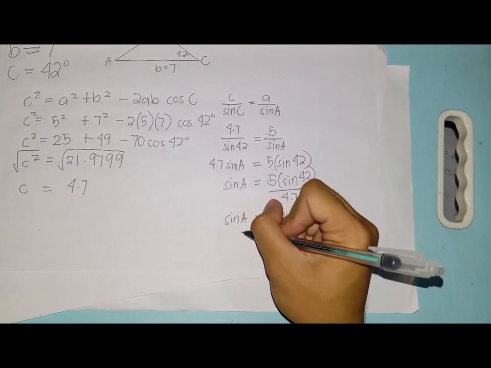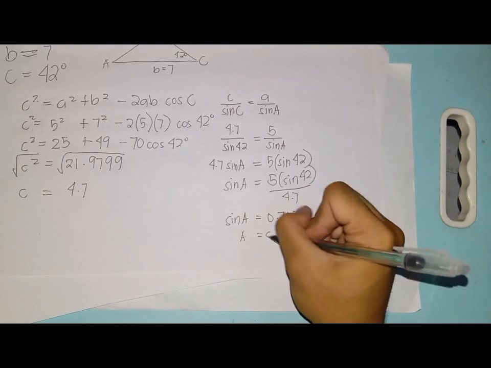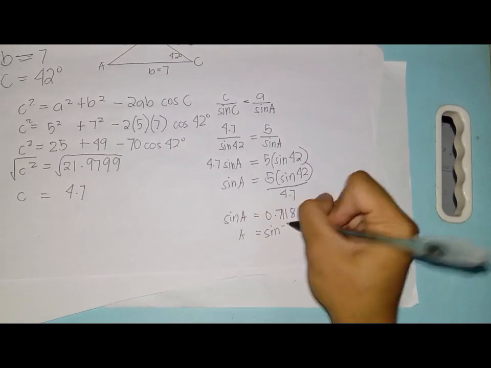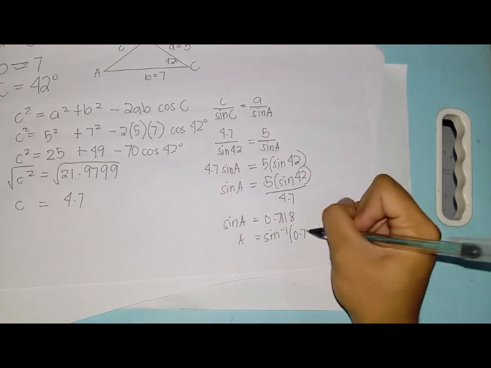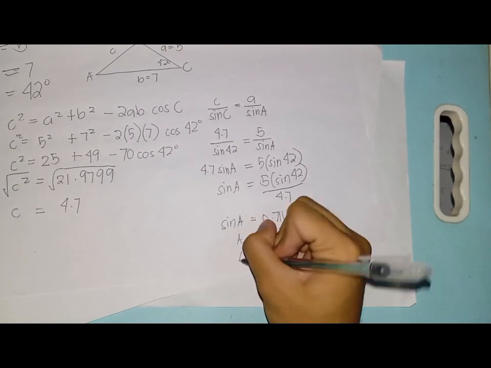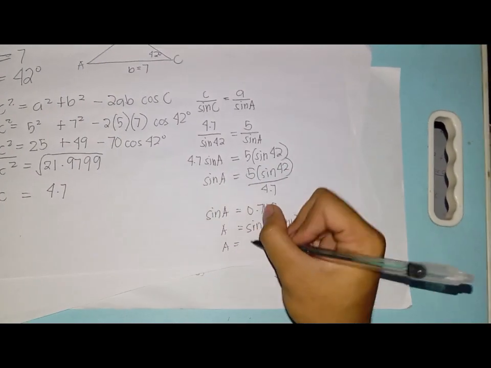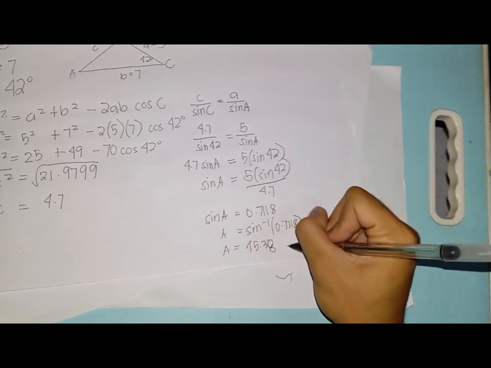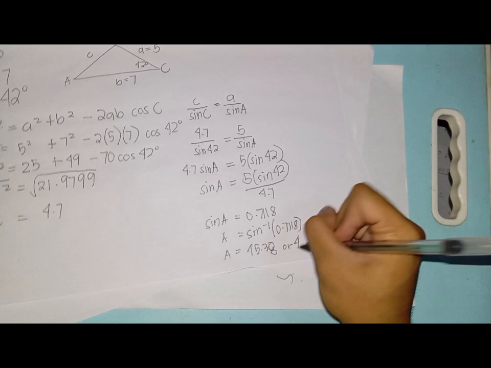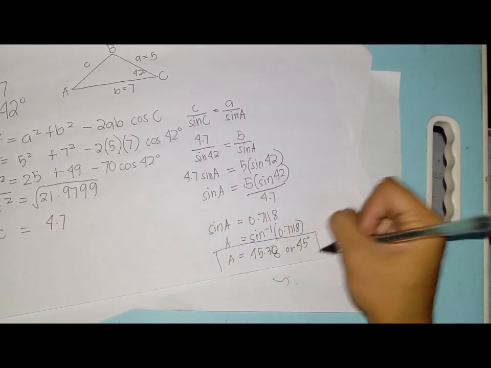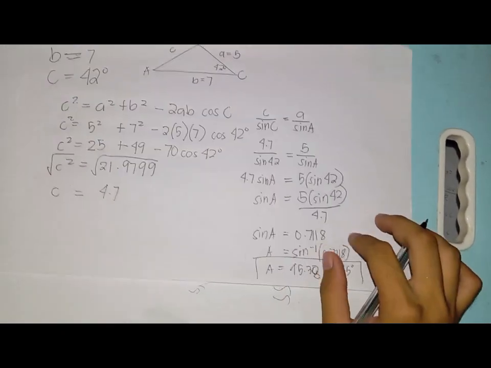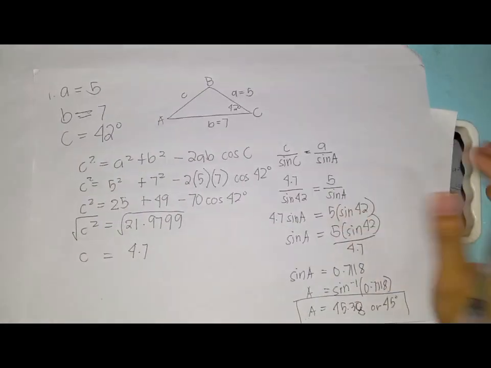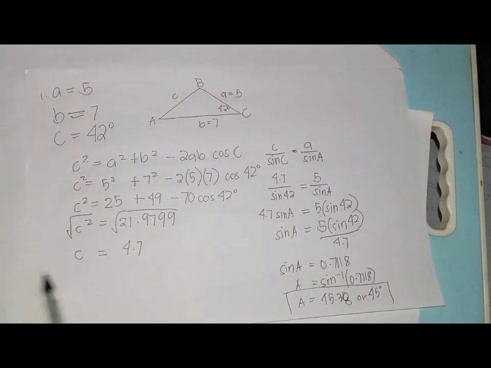So A is equal to arc sine 0.7118. A is equal to 45.38 or 45 degrees. So we find the angle A and the side C.